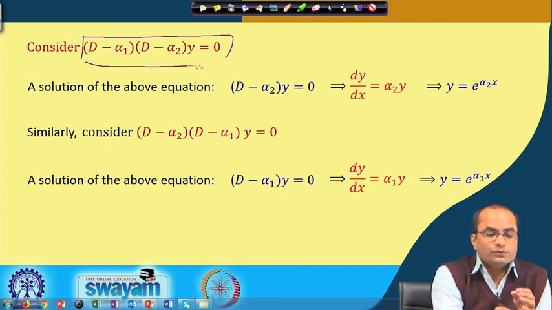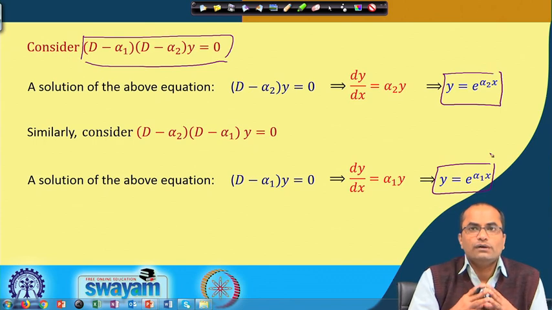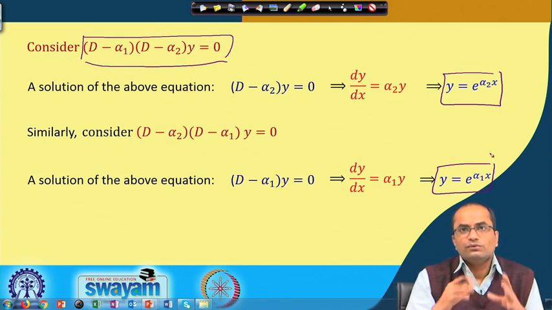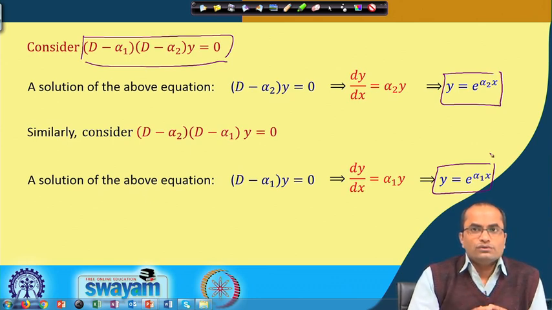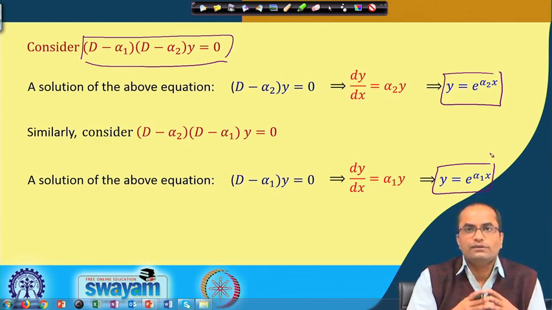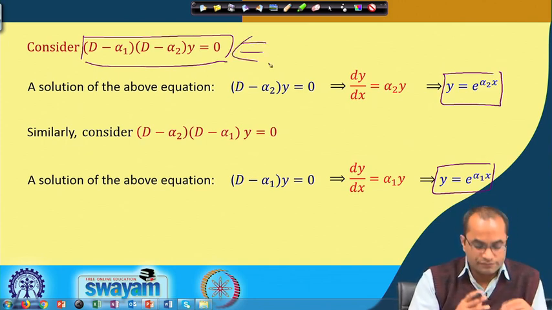We have two solutions, the one is y is equal to e power alpha 2 x, another one is y is equal to e power alpha 1 x, and these two solutions are linearly independent solutions. What we also know, once we have two linearly independent solutions, is that the linear combination C 1 e power alpha 1 x plus another constant times e power alpha 2 x will also satisfy the given differential equation.